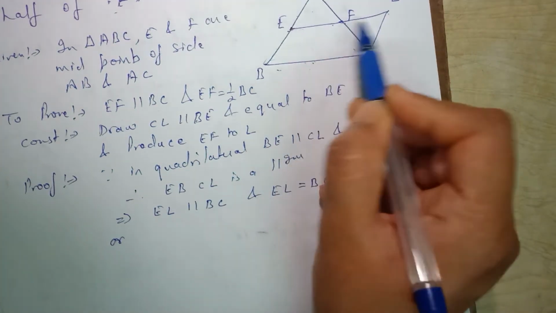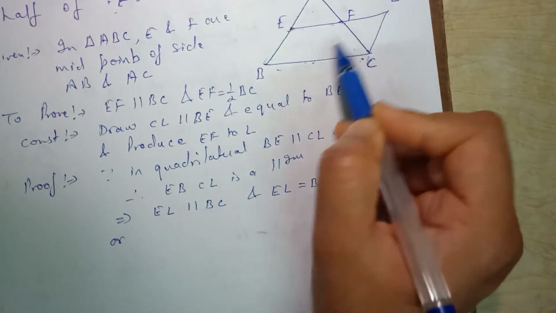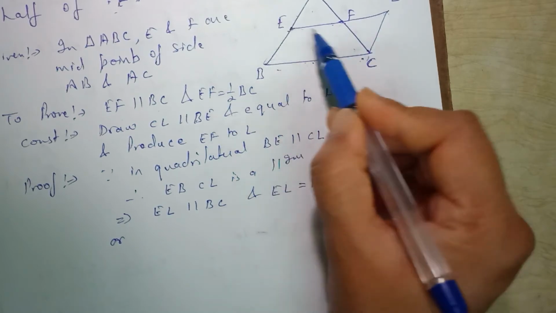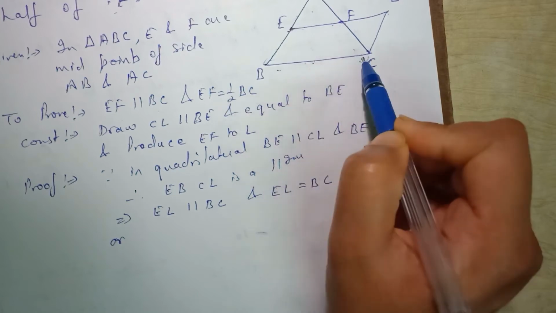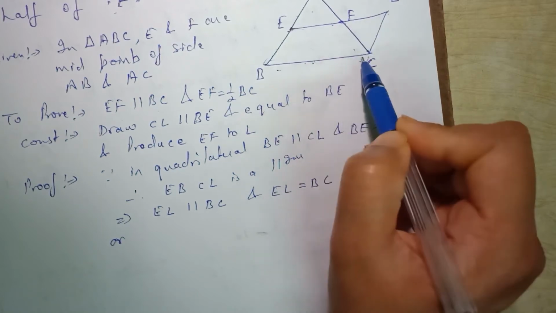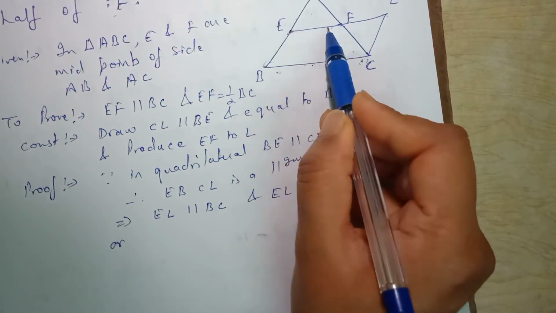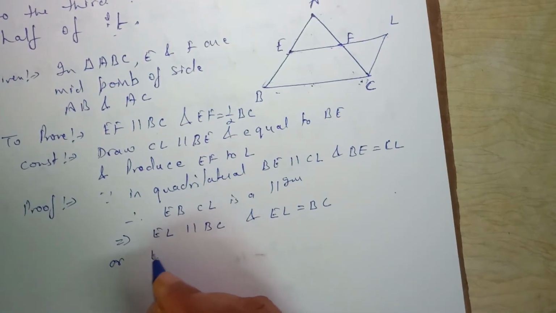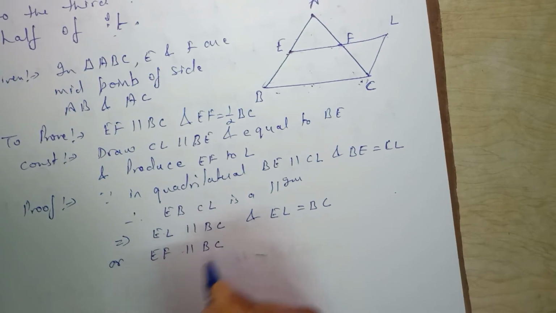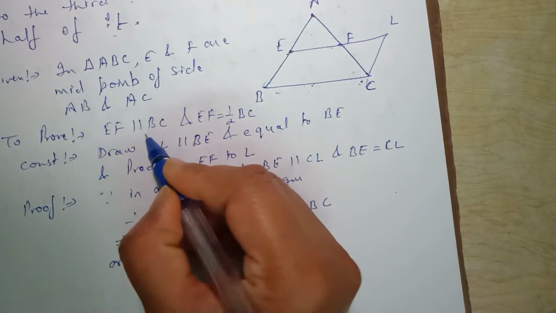EF is a part of EL, FL is a part of EL. If EL is parallel to BC, we can say EF is also parallel to BC or FL is also parallel to BC. So what is required? EF. So in place of EL, we can write EF parallel to BC. So the first part of the theorem we get.